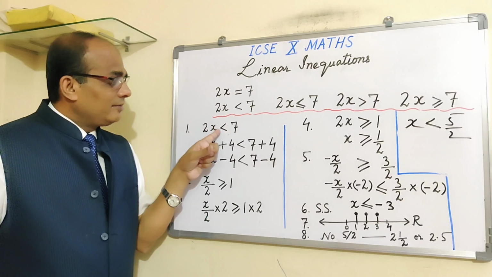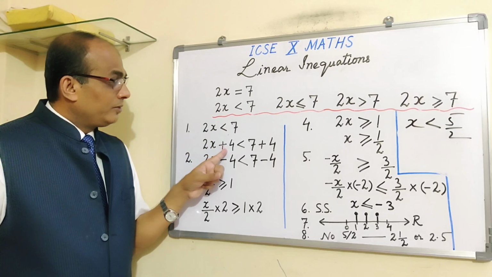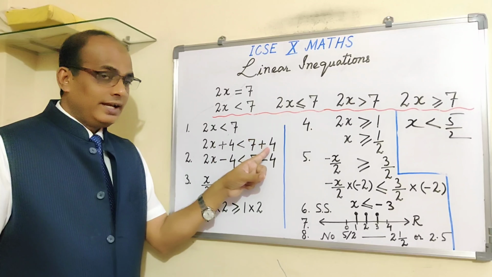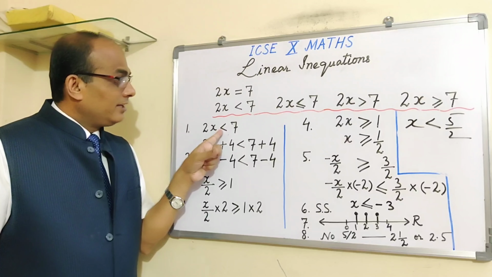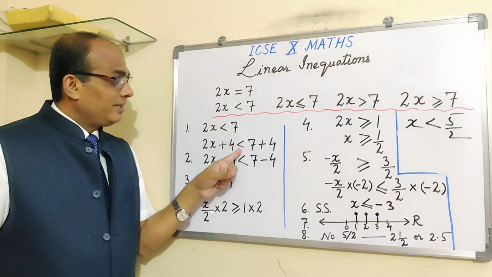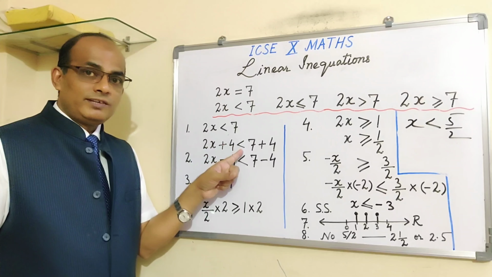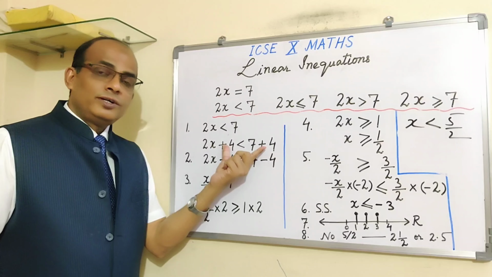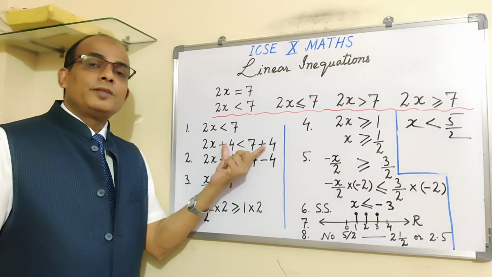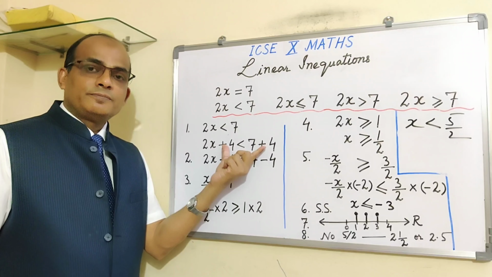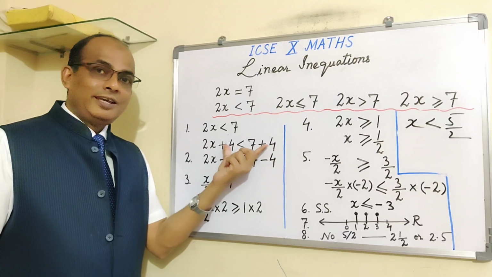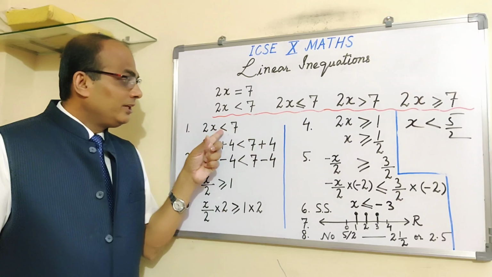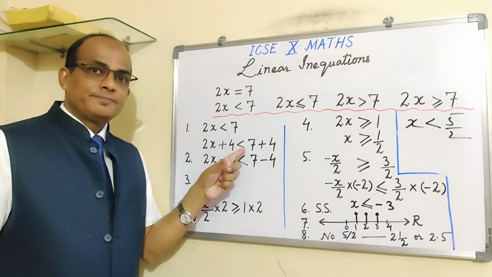Here it is less than, and after adding 4 on the left side and the right side, the inequality remains the same.